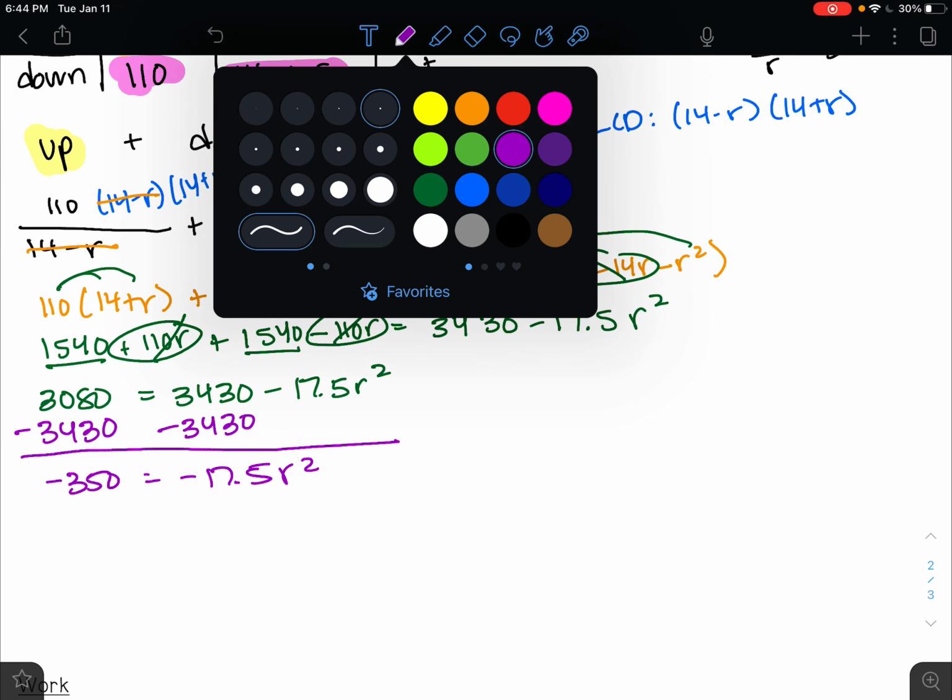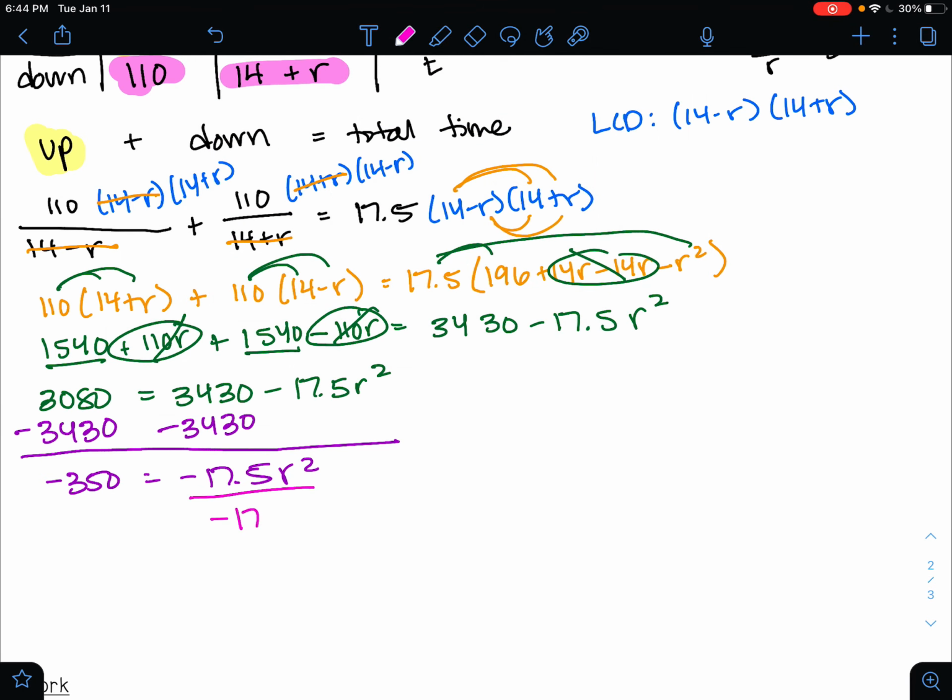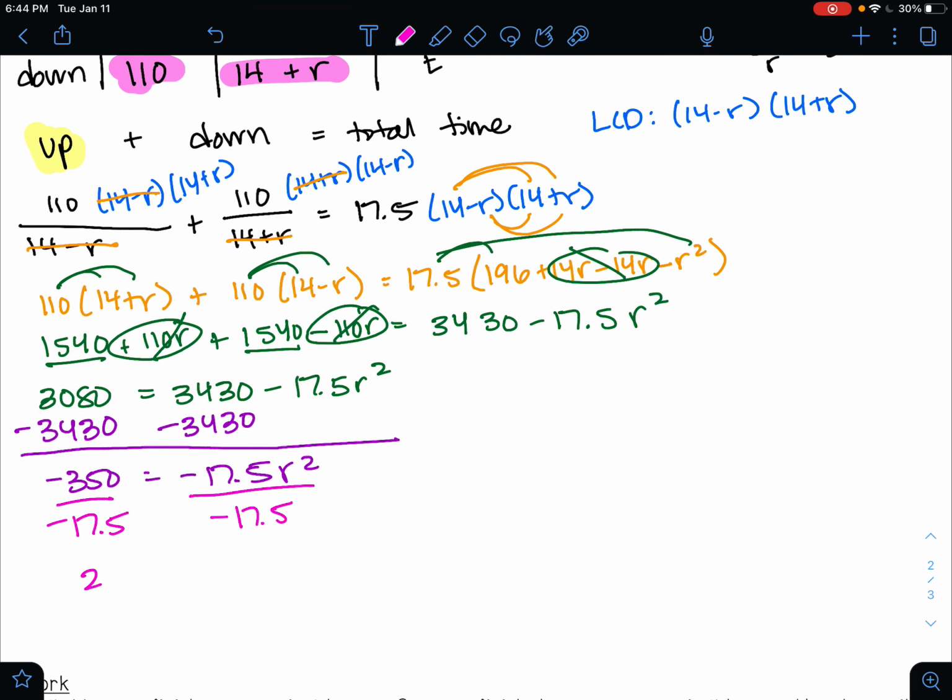To undo multiplication, I am going to do division. And get 20 is equal to R squared. To undo the square, I'm going to take the square root.